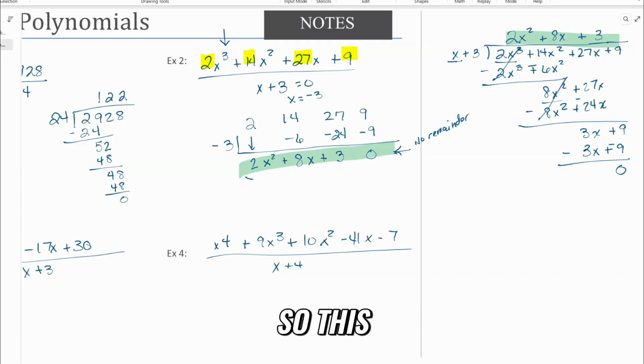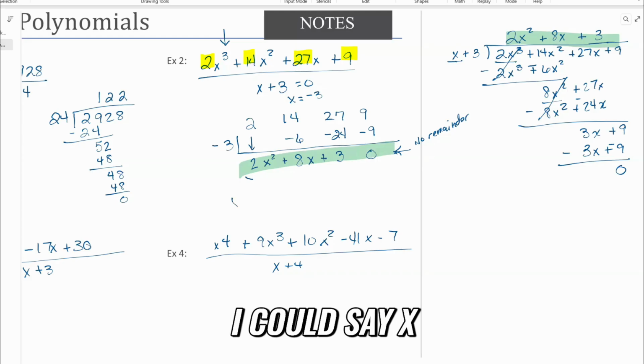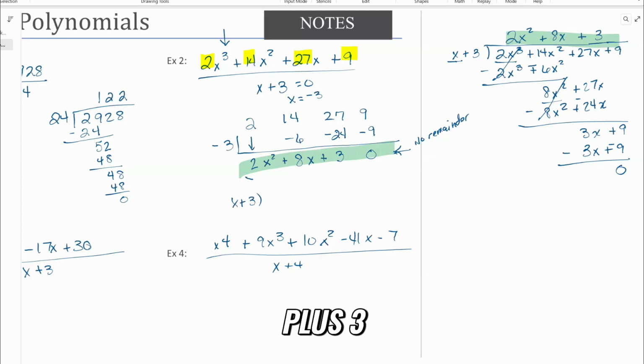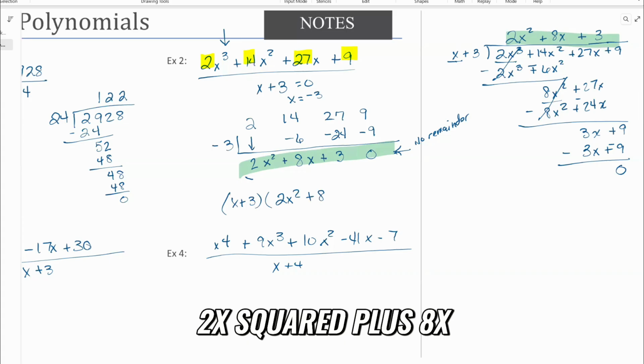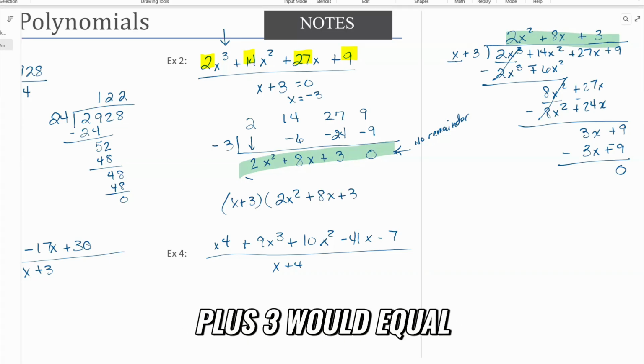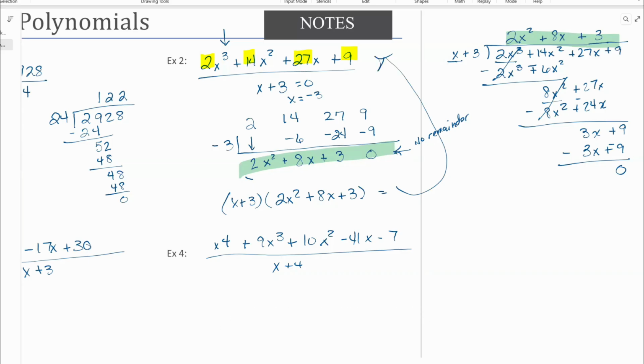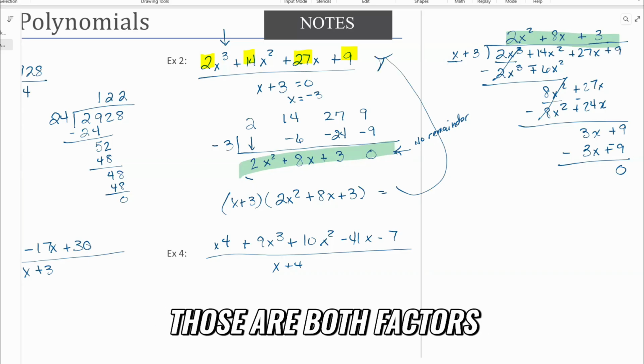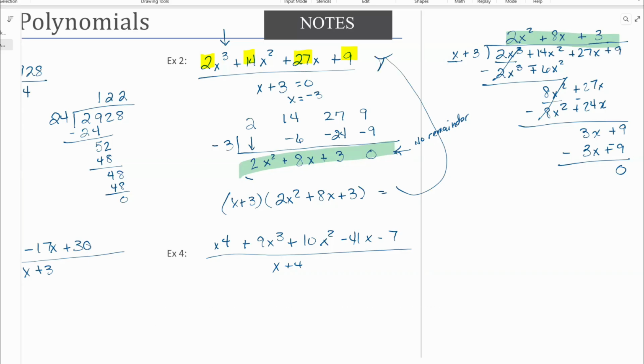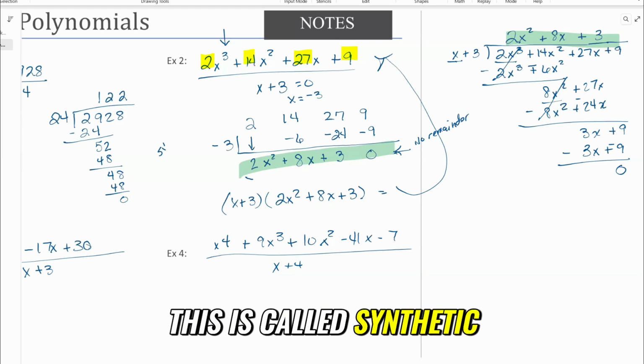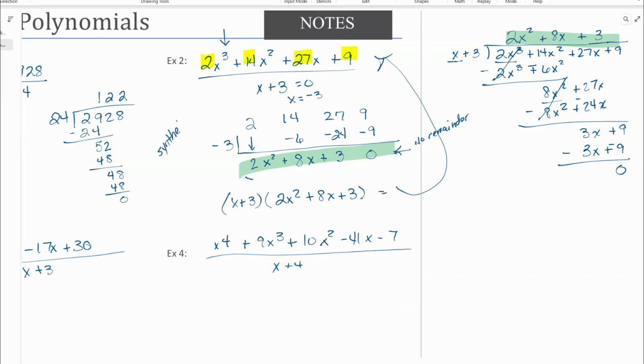So this, I could say x plus 3 times 2x squared plus 8x plus 3 would equal our beginning. Those are both factors of that. Does that make sense? Okay, this is called synthetic division.